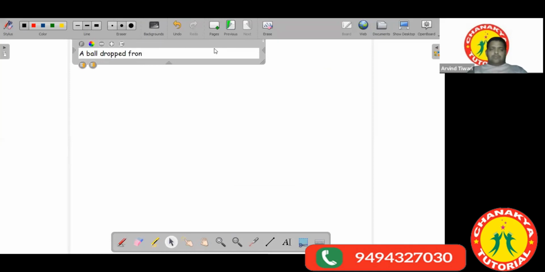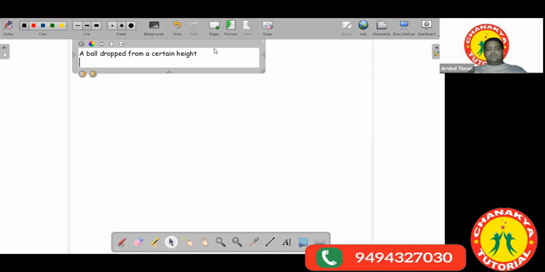Dropped from a certain height. So is this motion a uniform motion or non-uniform? Yes, is it uniform or non-uniform?